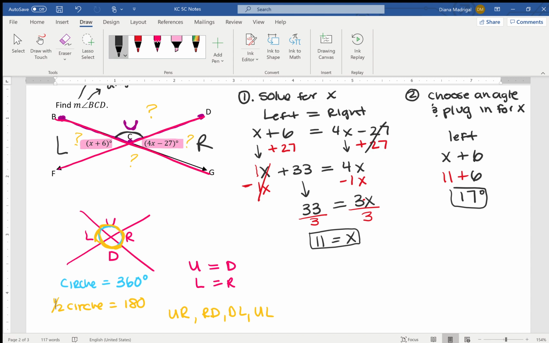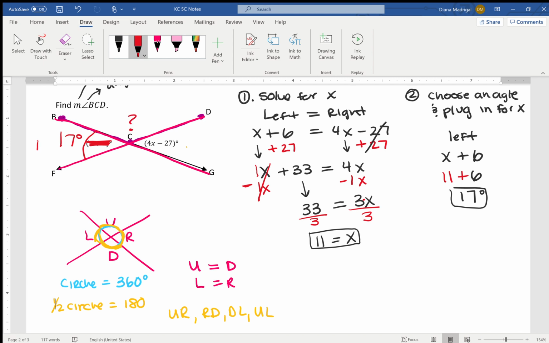Instead of putting x plus 6, let me erase all of this. Instead of having x plus 6, I'm going to scratch it out because I already know this angle is 17 degrees. This whole angle is 17, not x plus 6 anymore. And remember, I was supposed to find how much is this angle on top.